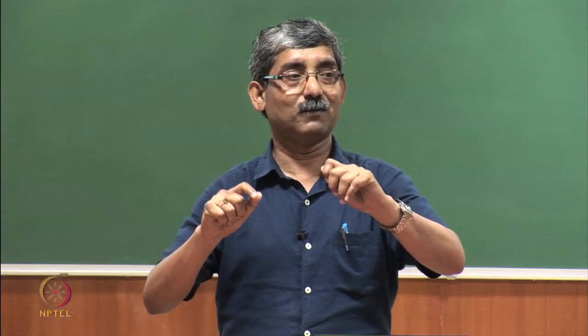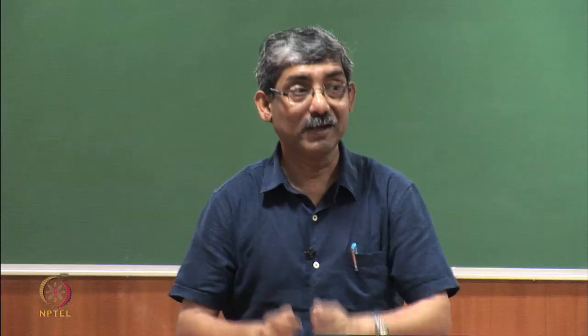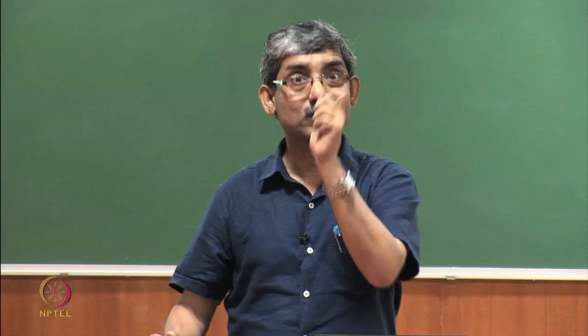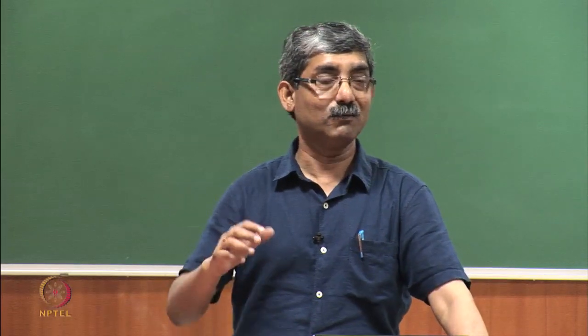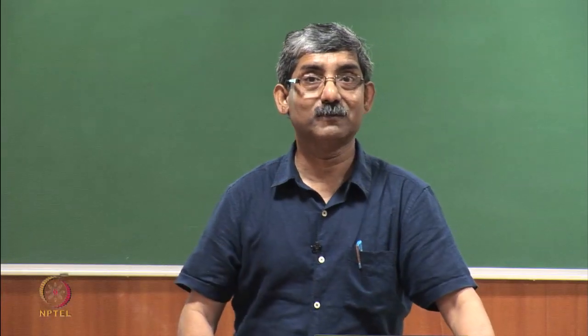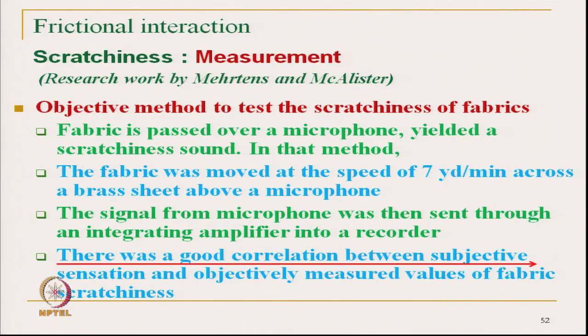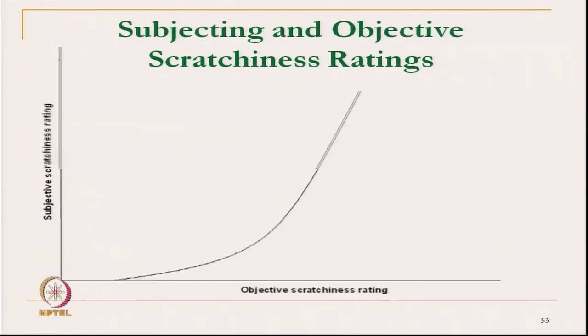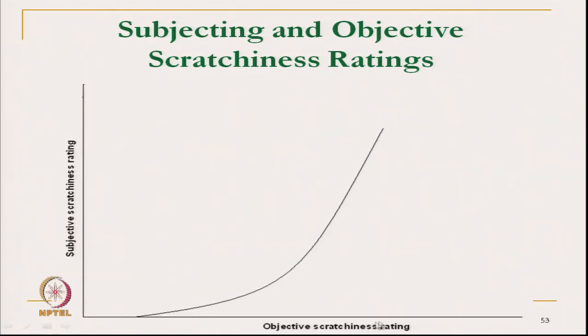It has to have high bending rigidity, so a coarse filament will give more scratchiness value. Here is the objective rating, and here is the subjective rating of scratchiness, and there is a good correlation between these two.